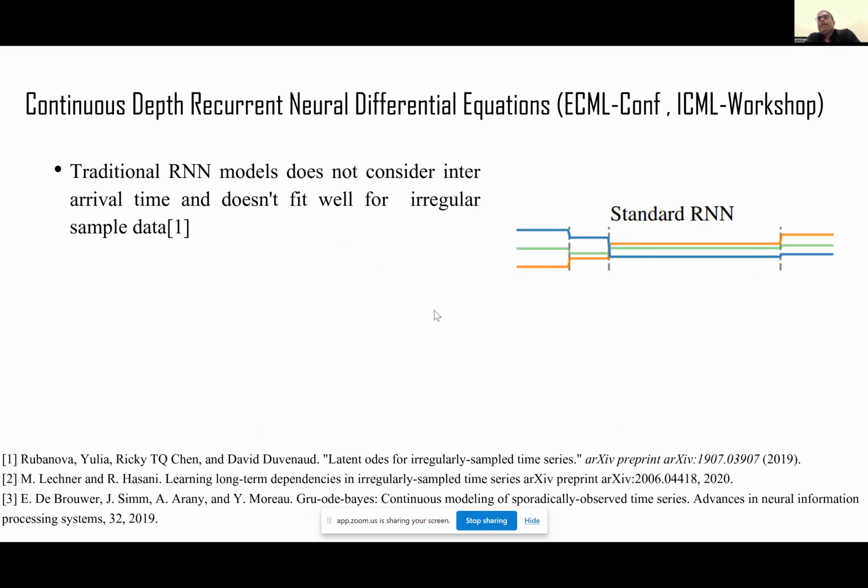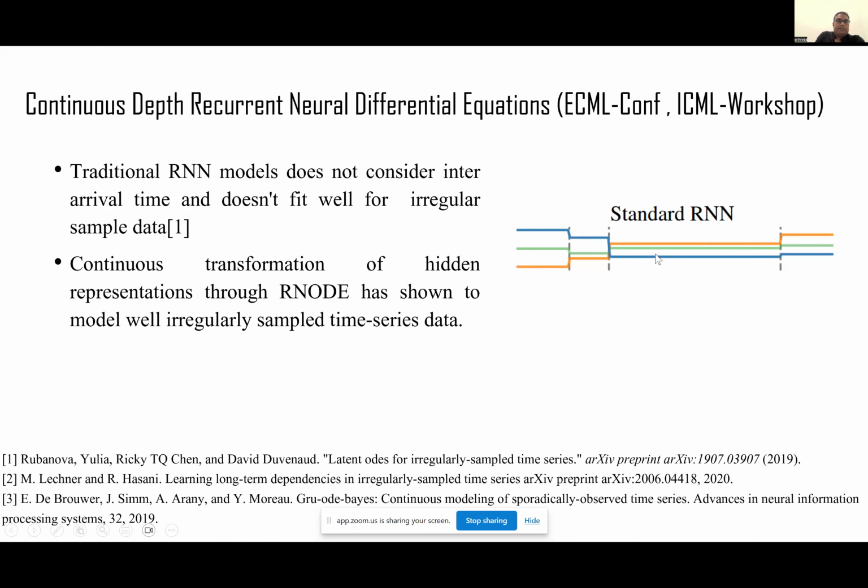In any RNN model, the observations come at different time steps, right? But in general, the naive RNN model doesn't take into account the inter-arrival time between two observations. So in the standard RNN, irrespective of the time difference between two observations, the hidden representation is kind of constant.